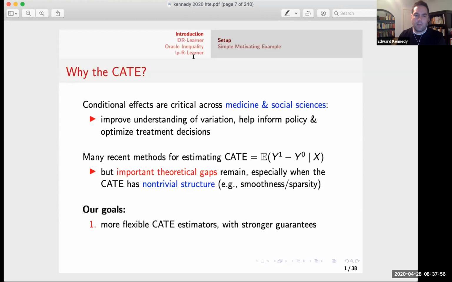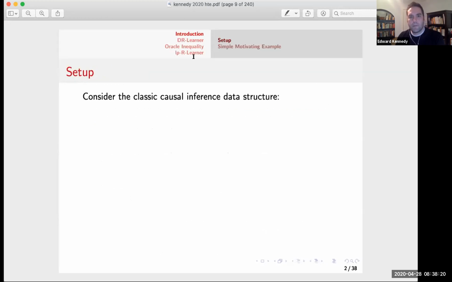It's aimed at giving methods that can be used in practice with nice guarantees. The second goal is more theoretical. This is all about trying to understand the benchmark for estimating the CATE, the conditional effects. What's the best possible performance that we could hope to achieve in this problem? So those are the main goals.